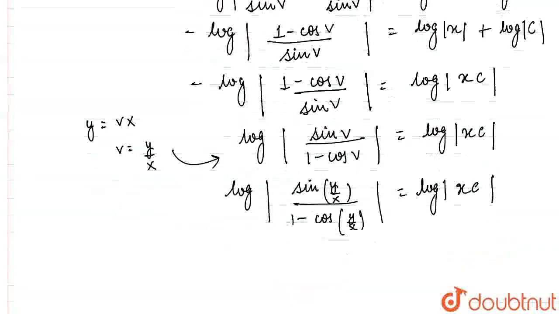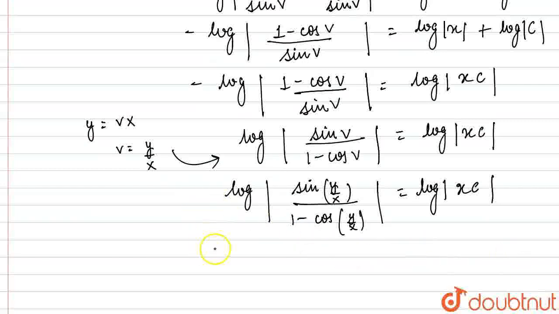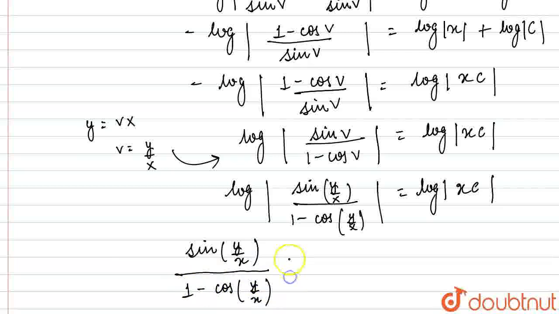Now this log I can cancel from the left hand side and right hand side, so this will become sine y by x divided by 1 minus cos y by x is equal to x into c.